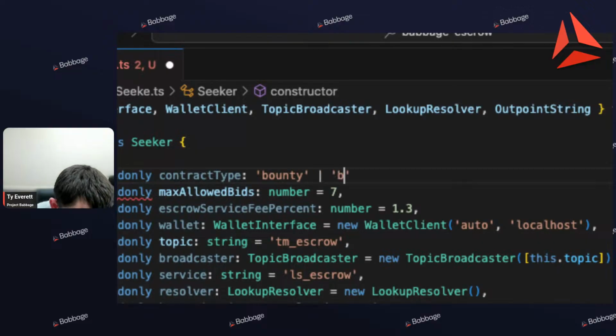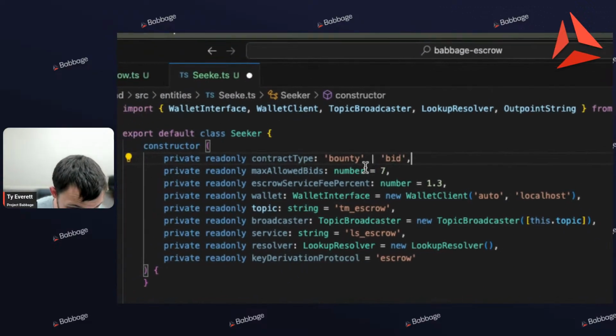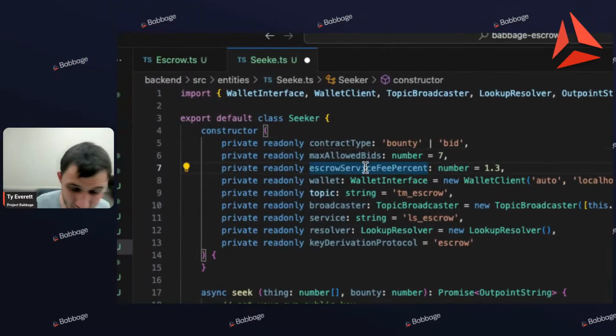So you got bounty and bid, right? If it's a bid, then you need to put up the money after you approve the bid. So to approve a bid, you put up the money at that point after you get your bids. Otherwise, you have a bounty, which is, hey, everybody, I already have this money. If you want this money, then do this thing. So that's different, right?